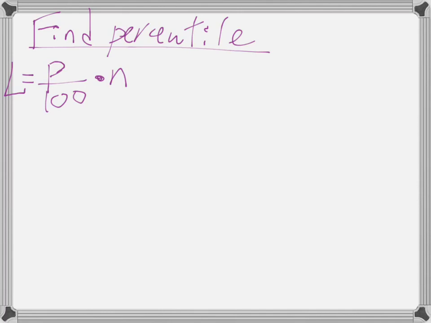Now what's n? What's n all the time in statistics? You getting the hang of it yet? Number of values. Yeah, 50 in this case. But I want to give you a general formula first. You take the percentile you want, in our case 90, over 100, which just makes it a decimal, 0.90, times 50 values. You get that value, but then here's the tricky part.